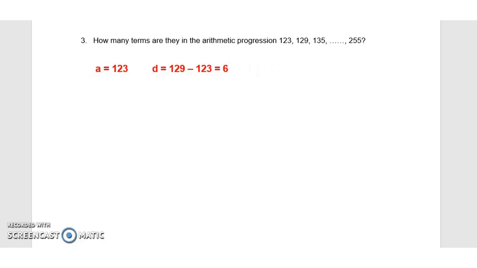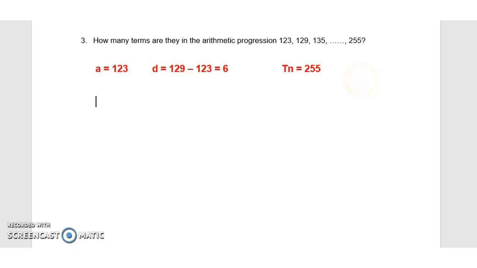And then we know that the last number is 255, but we do not know which term. So in general we can put it as Tn, Tn equal to 255. For example here, T1 or A is 123, T2 is 129, T3 is 135, but 255 is unknown. So in general we put it as Tn.